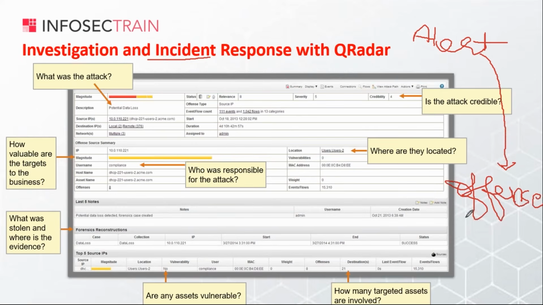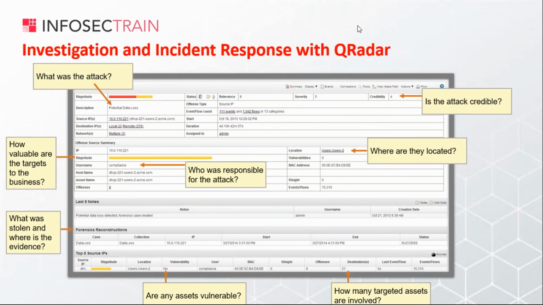So whenever I say offense, I mean an alert, right? So how does it look? Let me give you a quick overview. This is an offense window where you will be able to see a lot of information which we can find.